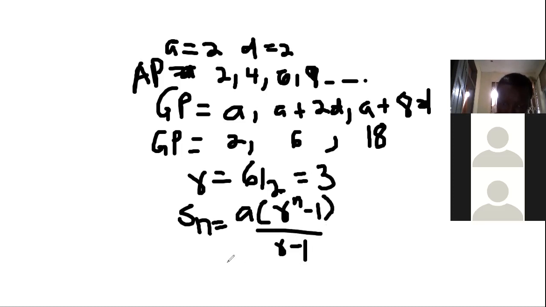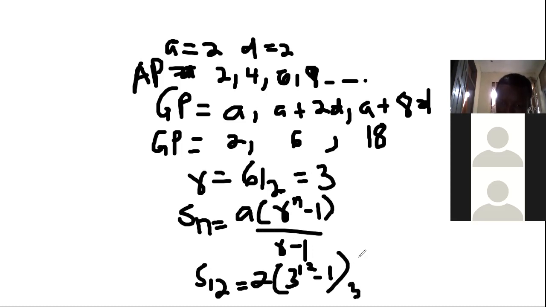So in this case, we are going to get S12, the sum of the first 12 terms, equals A, which is 2, into brackets R raised to the power 12 minus 1, all over 3 minus 1. What are you getting, please?